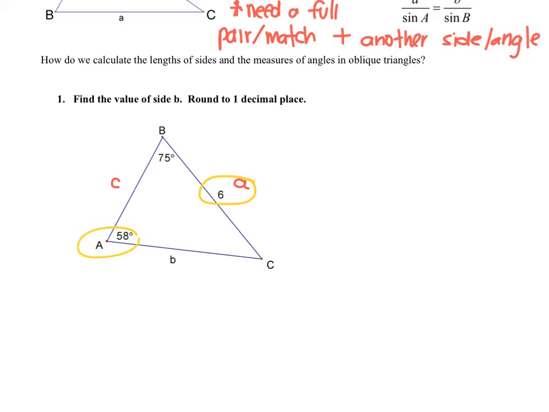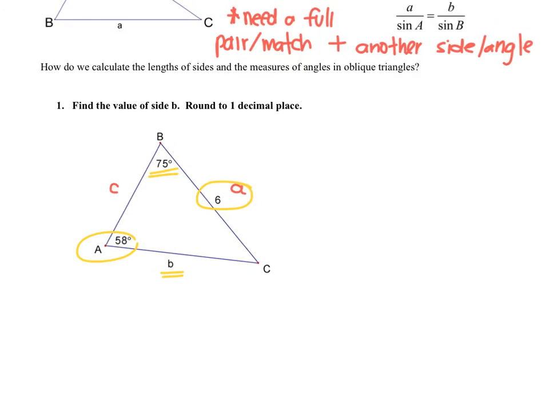And then I'm looking for side B, and luckily I have angle B to match it. That way I have three known dimensions and one unknown. So I'm dealing with the A's and the B's, so my formula is sine A over A equals sine B over B.